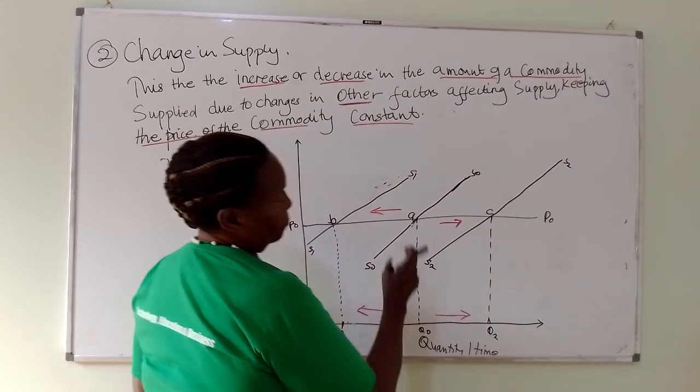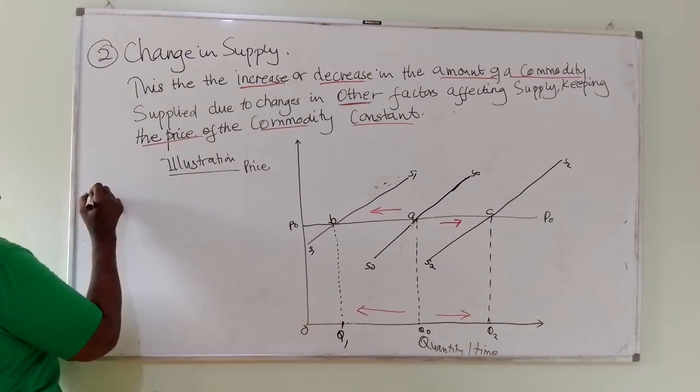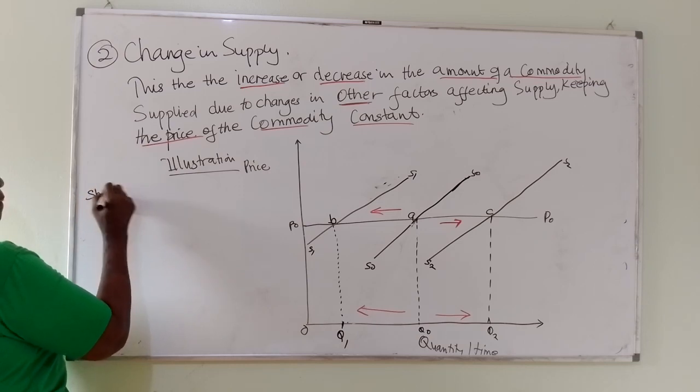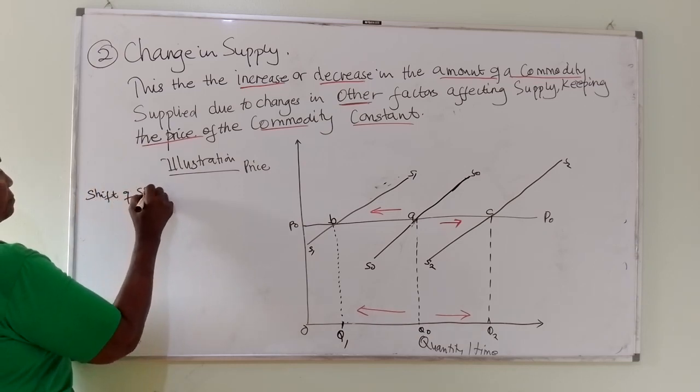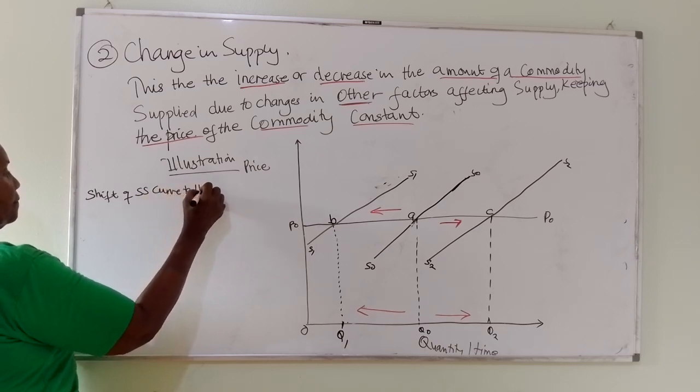So the movement from A to C, we call it a shift of the supply curve to the right.